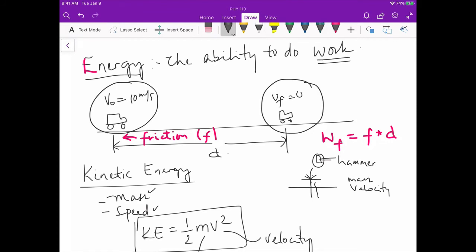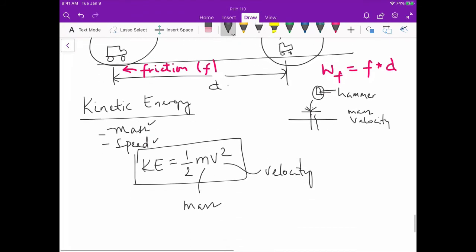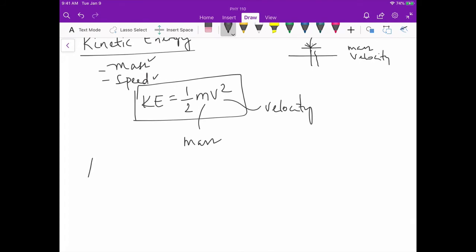Then if you consider the changing kinetic energy of the car, where did it go? It did work by the friction. The work done by the friction on the car resulted in the car stopping.